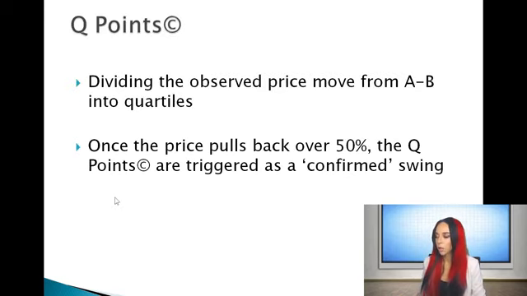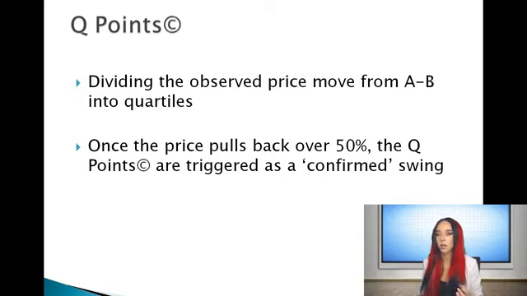So Q points represent a price move from A to B that's been split into 4 equal parts, quartile points. But not every move from A to B will qualify for valid Q points. So there is a trigger point for the creation of the Q points. That trigger point is a pullback. But again, not just any pullback.